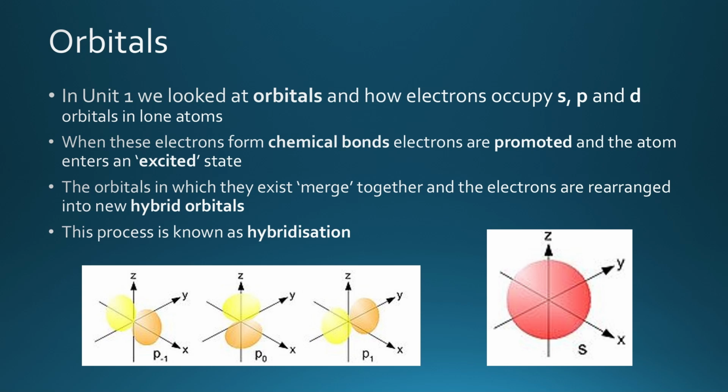Now, in this case, the orbitals will start to merge together after the excitation, or maybe even without the excitation, and that's what we call hybrid. It is when the orbitals start to merge together. Okay, the electrons are rearranged into hybrid orbitals, and this is what we call the process of hybridization.